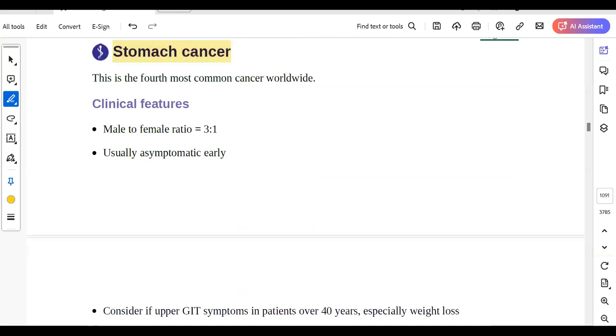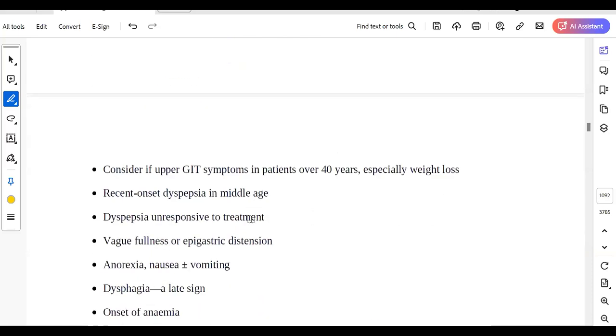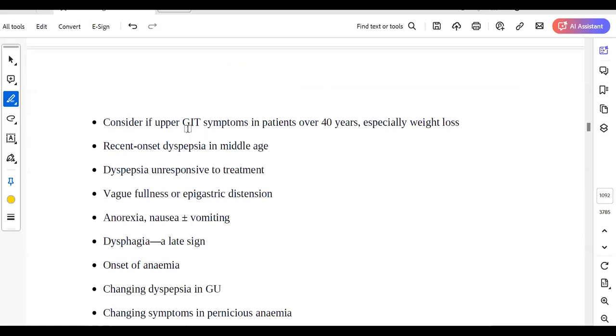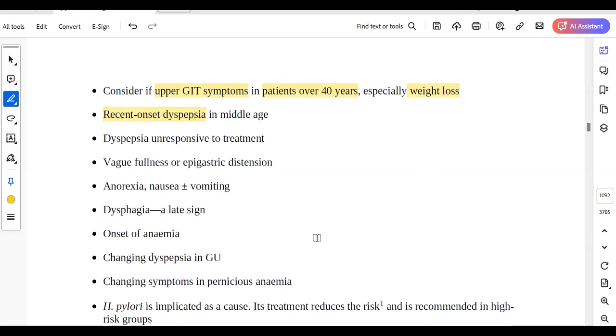Stomach cancer. We are always concerned about stomach cancer, especially if it is a new onset of dyspepsia. So consider it if there is upper GIT symptom in a patient over 40, especially with weight loss, recent onset dyspepsia in a middle-aged patient, or dyspepsia unresponsive to treatment.